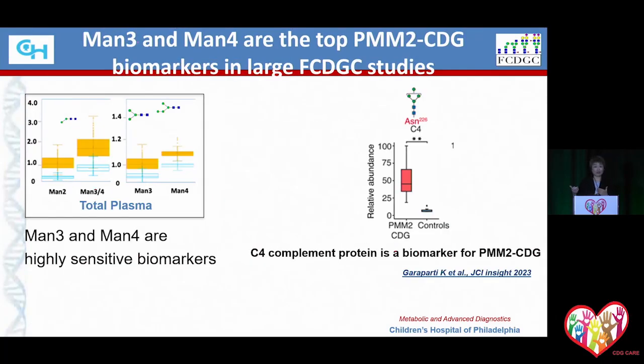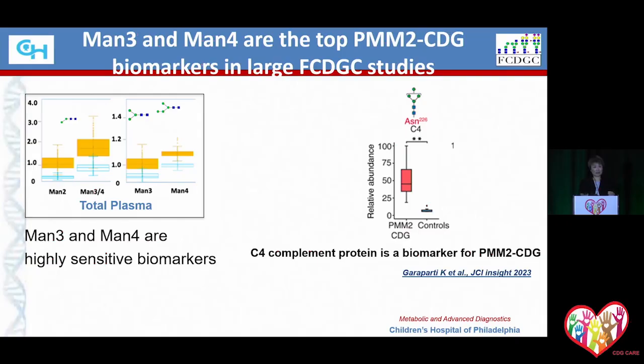So before I go there, I go back to our PMM2 CDG studies. We completed 2 really large biomarker studies. One was done in my lab, where we screened 130 PMM2 samples that came from over 100 PMM2 patients, and we found MAN4 is a very sensitive marker for PMM2.